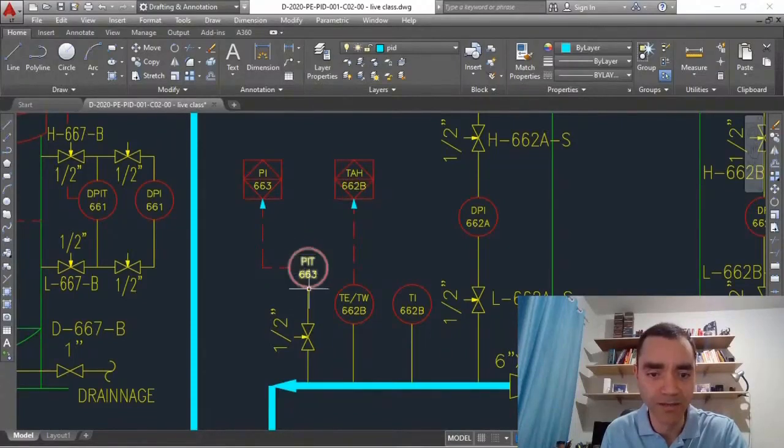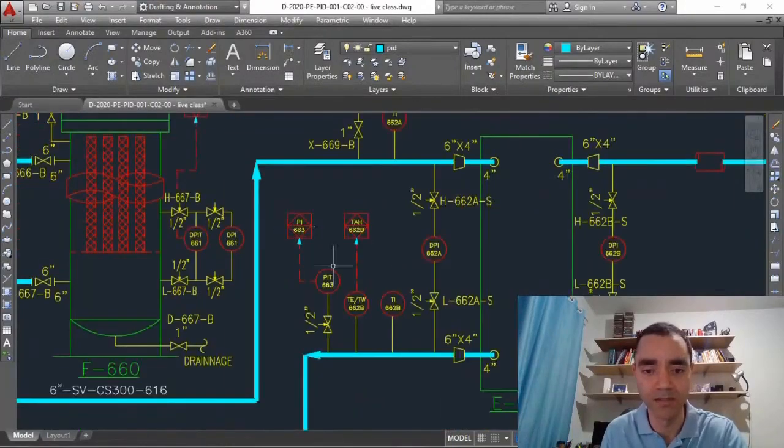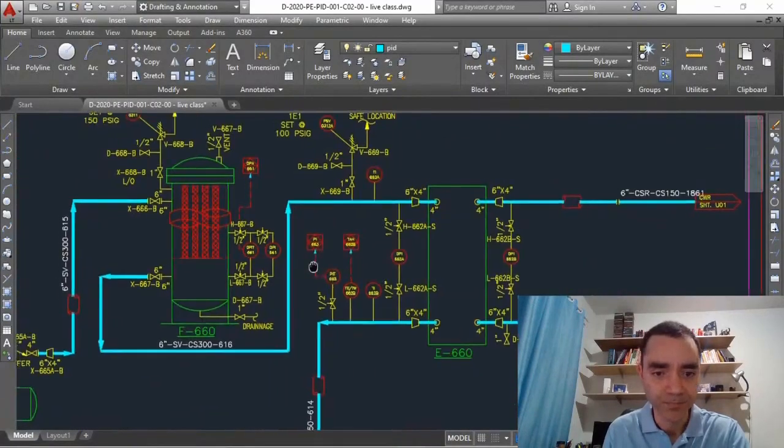And we have here a pressure indicator transmitter, so in the field we have a pressure indicator, but this pressure indicator also sends a signal to the PLC so that the operators are able to see in the control room the pressure indication of this stream at this point.